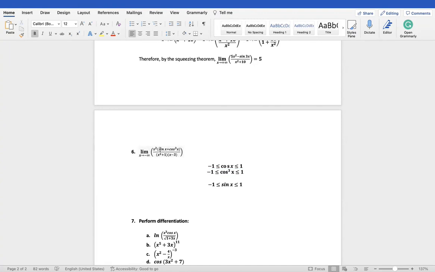And now you see that you have sine x plus cos cubed. So you add these two inequalities, right? When you add them up, what does that become?